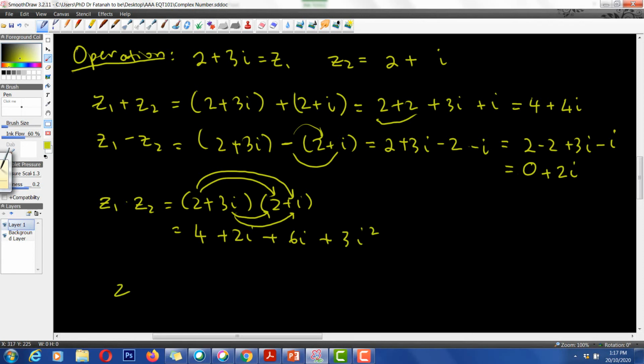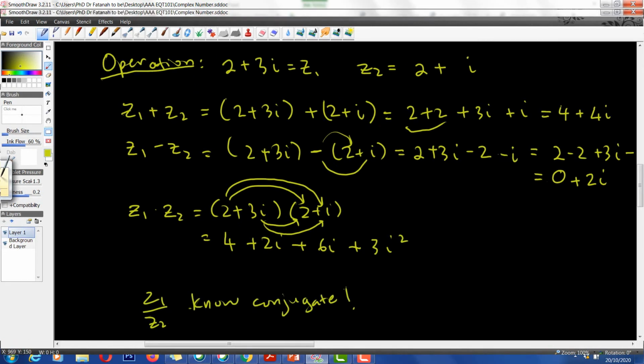For division, z1 over z2, we need to know the conjugate. So what is a conjugate?